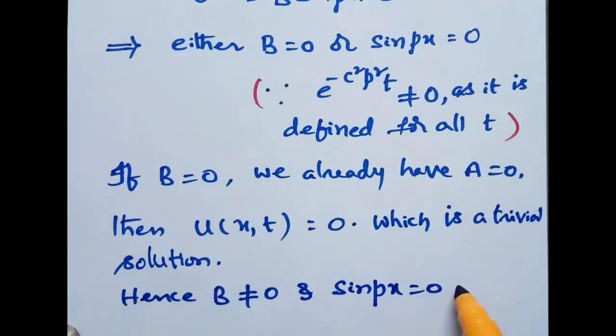That means this is equal to sin n pi. Sin px is equal to 0 means, sin n pi value is also 0. That means sin px is equal to sin n pi, where n is an integer. Therefore, px is equal to n pi.